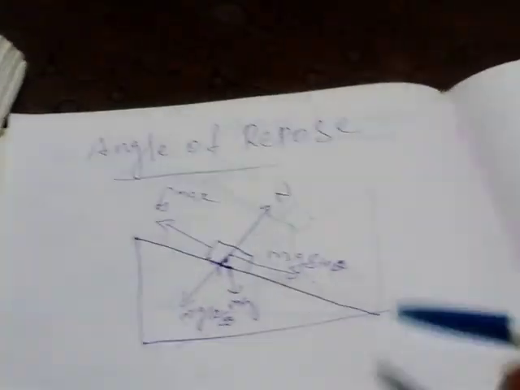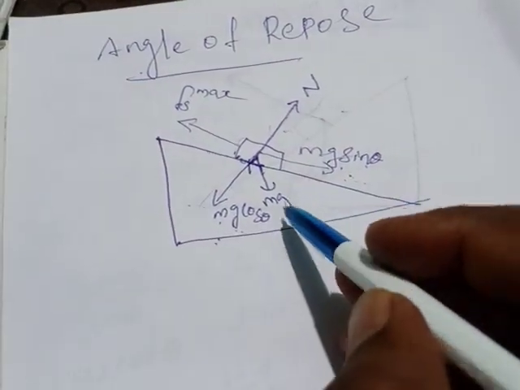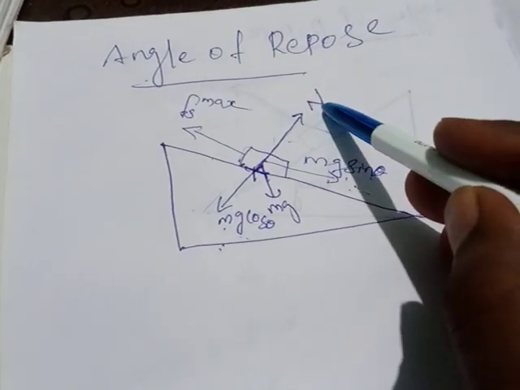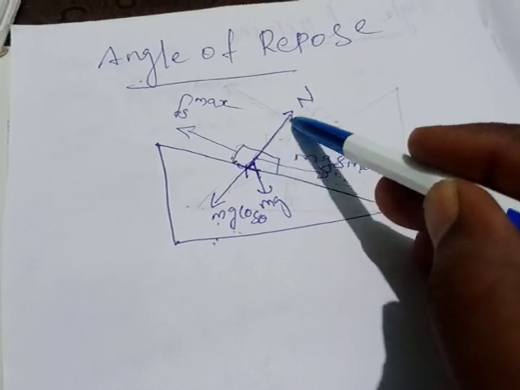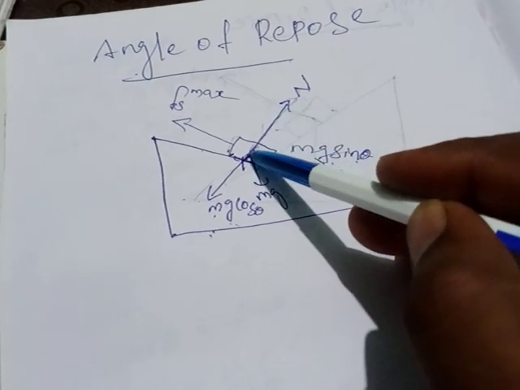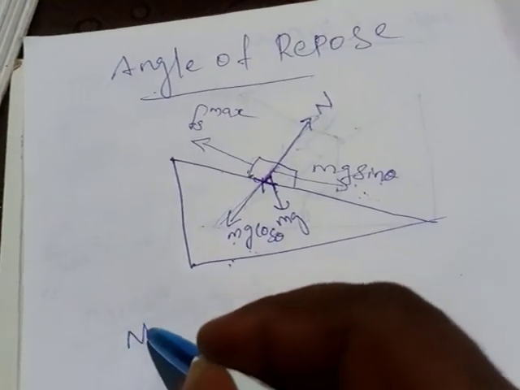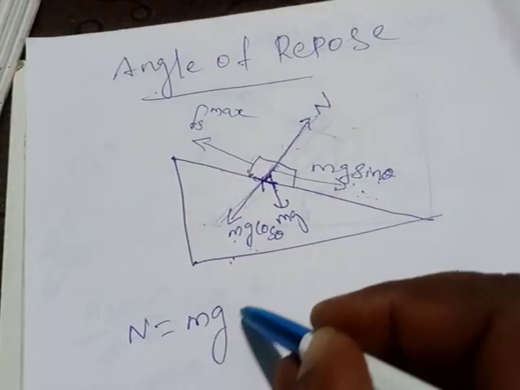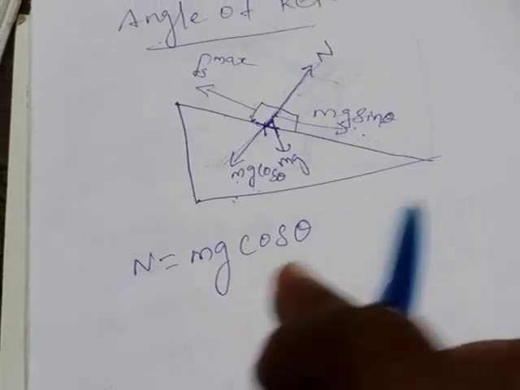Now these are the forces acting on it, so we can write the equation. N is in the upward direction and mg cos theta is in the downward direction, so N is equal to mg cos theta.